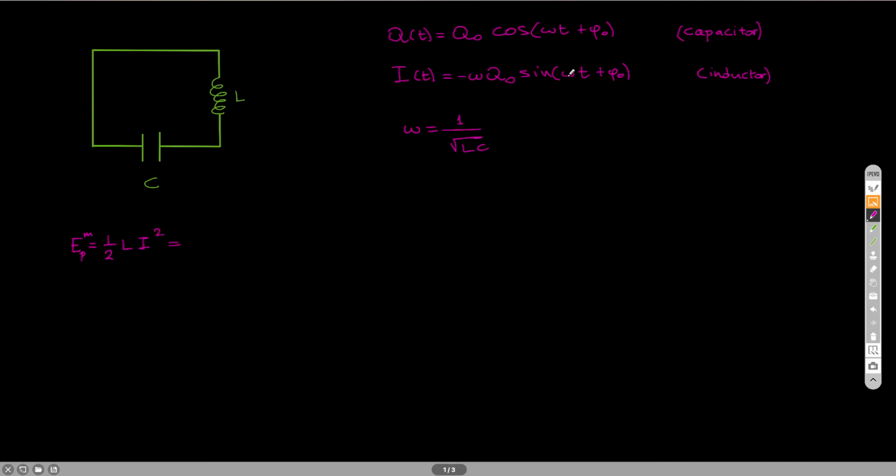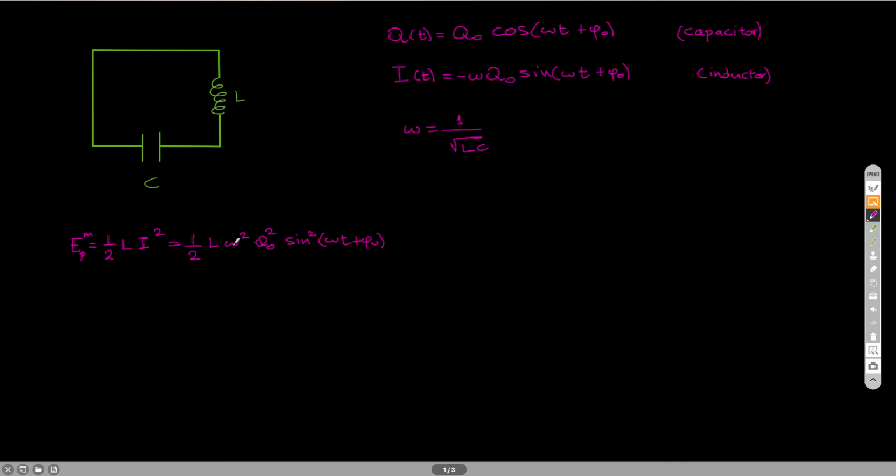Now I'm going to use this since I know what the current is in the inductor, and I will just square everything. So the minus will go away, then I will have omega squared Q naught squared and the sine squared of omega t plus phi naught.